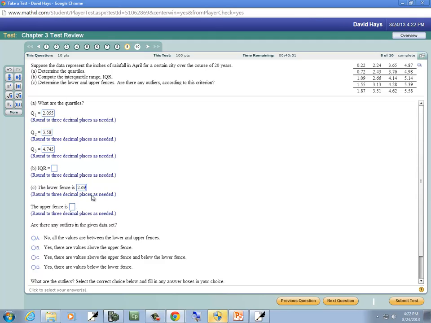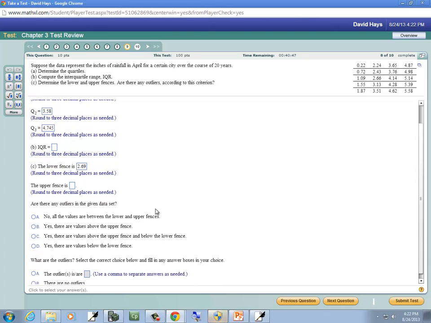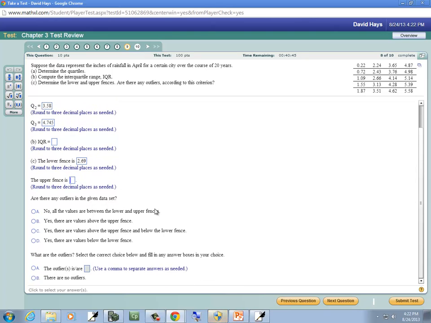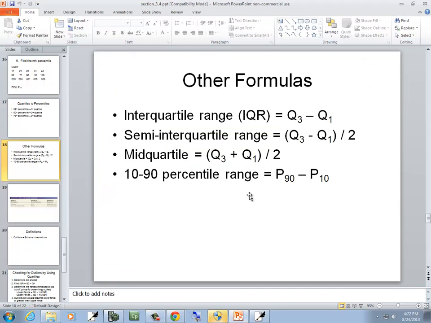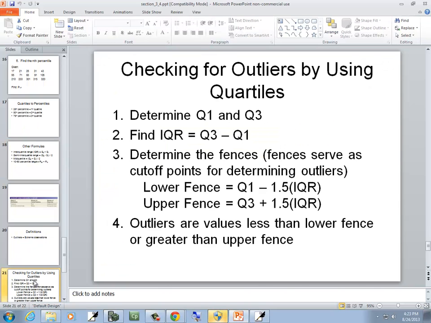Okay, upper fence. That's weird. They don't want to know the lower fence? Oh, wait a minute. I'm blind. They do want to know the lower fence. Okay, that's a different formula. We come down to here.